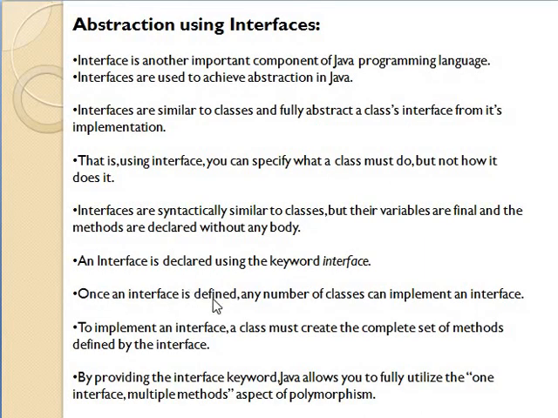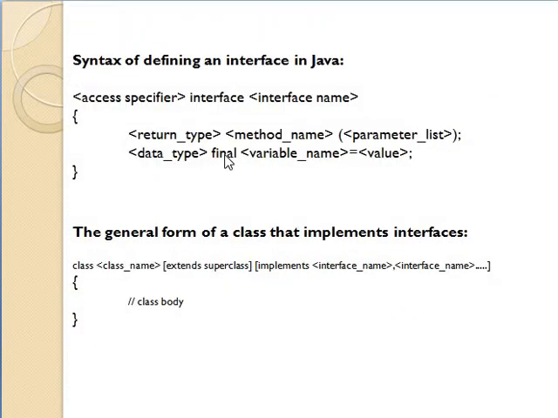Now once an interface has been defined, any number of classes can implement that interface. So once you create an interface using this syntax, any number of classes can implement this interface.